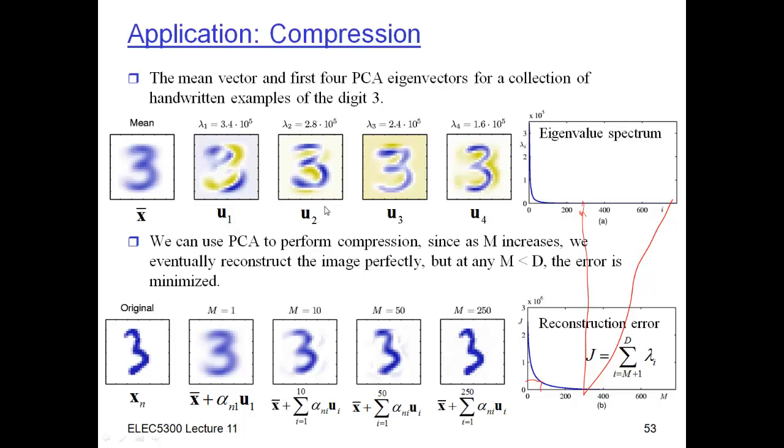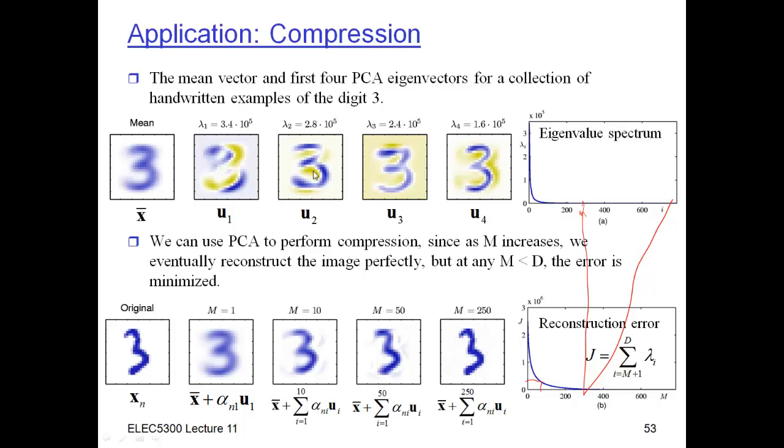So if you look at this one, for example, what you can see is that this one is subtracting regions that are low and adding regions that are higher, adding some blue stuff where the regions are higher. So if I added u2 to this mean, or a little bit of u2, what I would tend to do is subtract these and add some things on top.